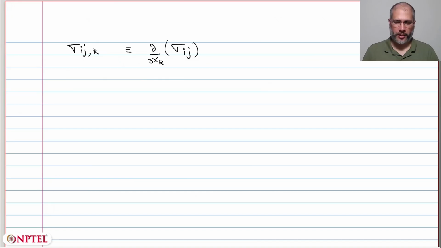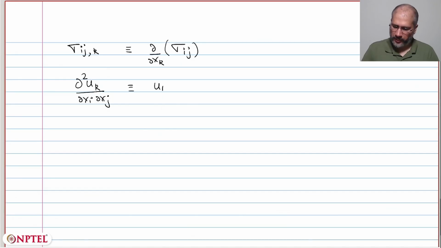Let us look at another example. In this case, we have a mixed derivative, that is del 2 uk upon del xi del xj. How would we write this in the comma notation that we are discussing?